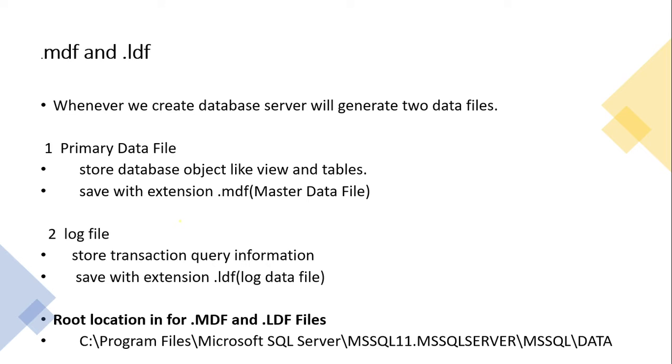I remember in the last session we created one database, testdb1 and testdb, right? When we create a database, this file is automatically generated at the back end of the system. I will show you how that file looks, how we can see it, and where it is generated.